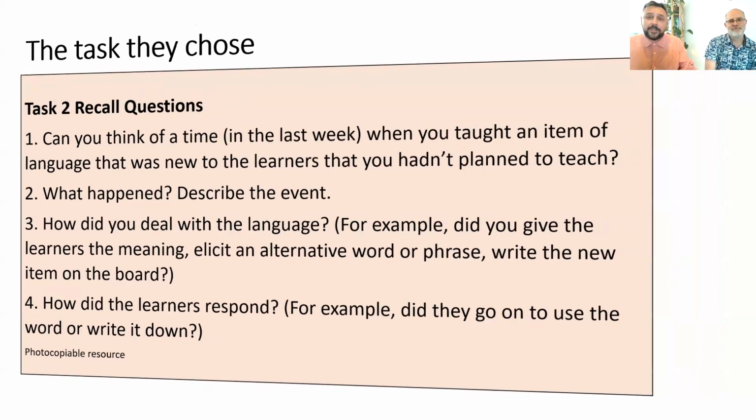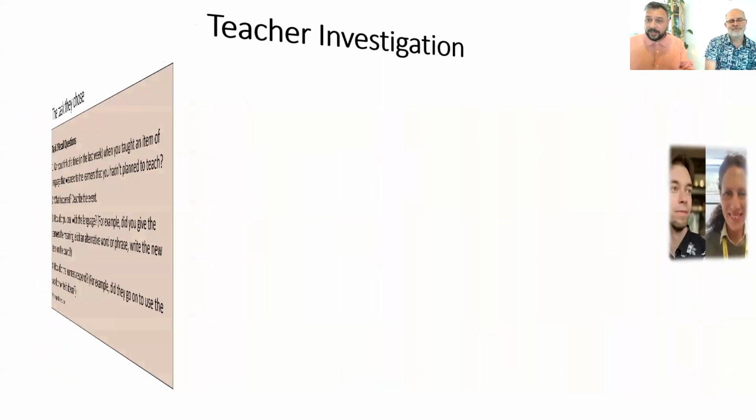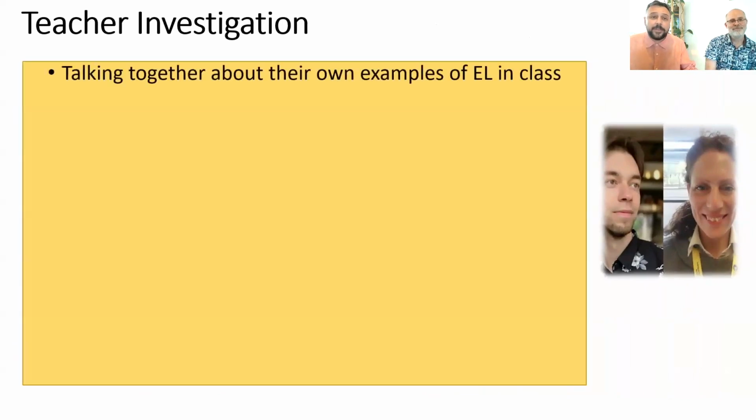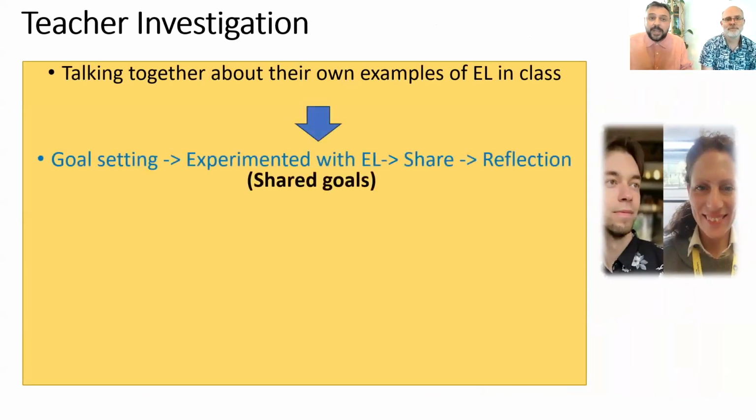So it was very interesting. Alex and Marianne got together and discussed their beliefs and feelings about emergent language, related to some other tasks. And with this task, they brought their examples of emergent language from class together. When they got together, they set goals about things they'd like to try based on what they'd noticed about their practice.